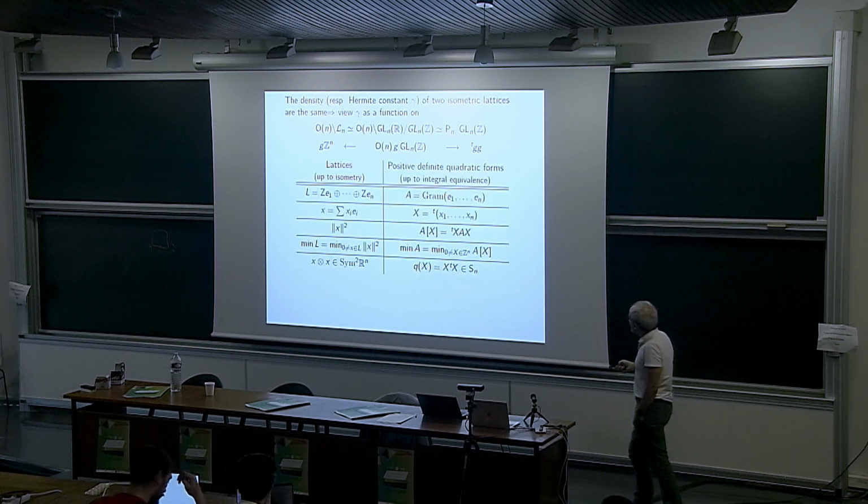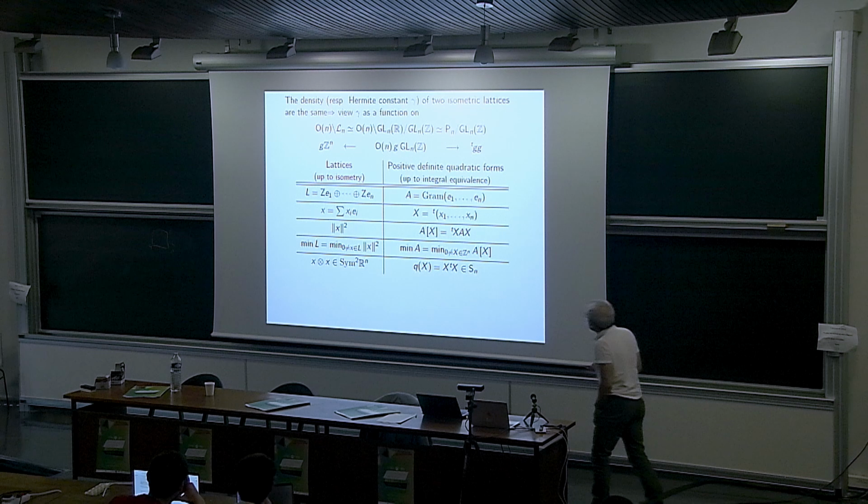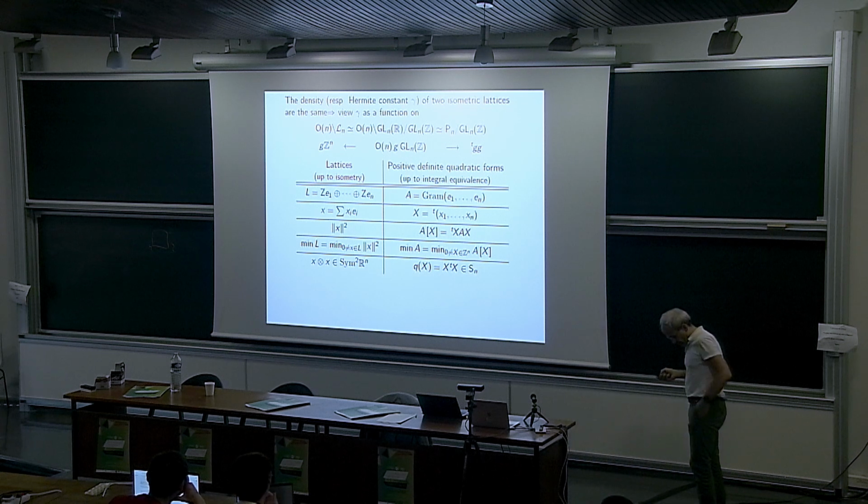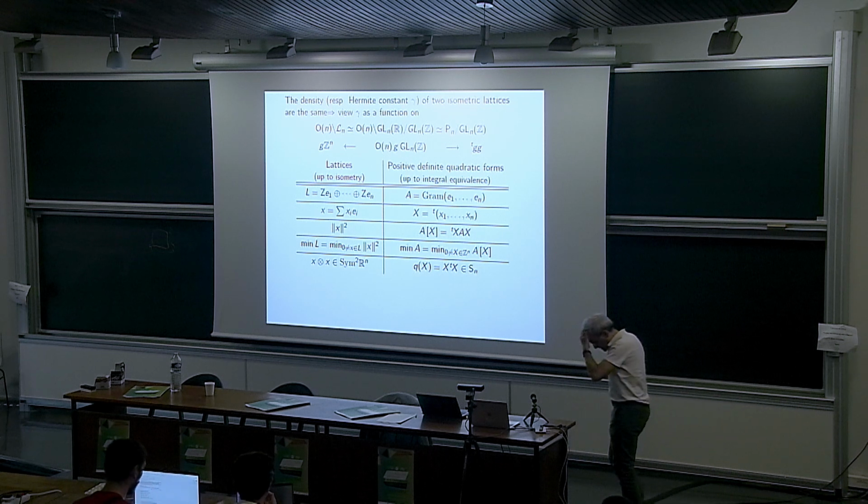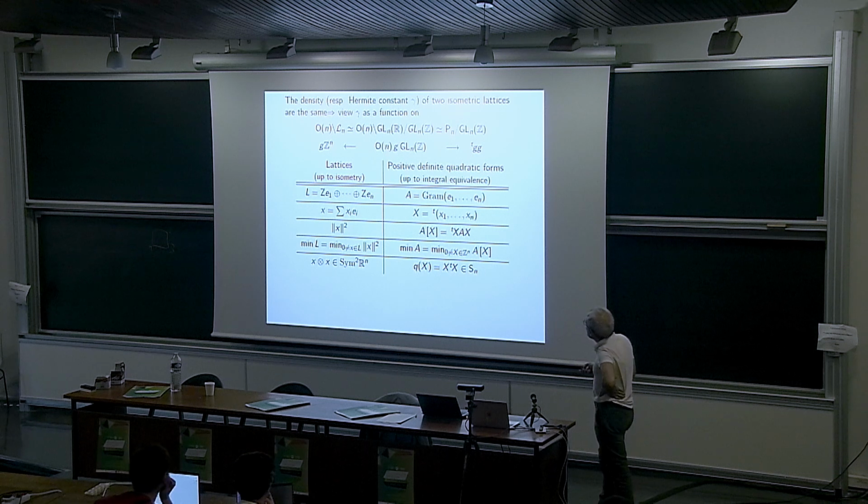Okay. So to summarize, I wrote this little table where on the left you have all the notions from the point of view of lattices, and on the right-hand side, the corresponding notions in terms of positive definite quadratic forms.